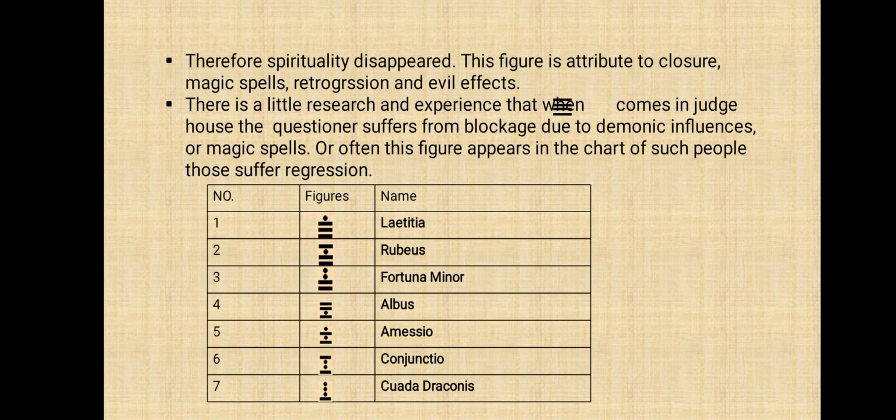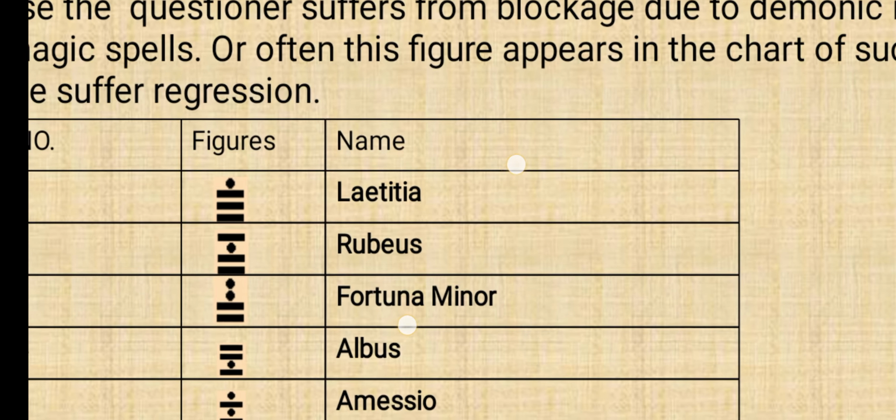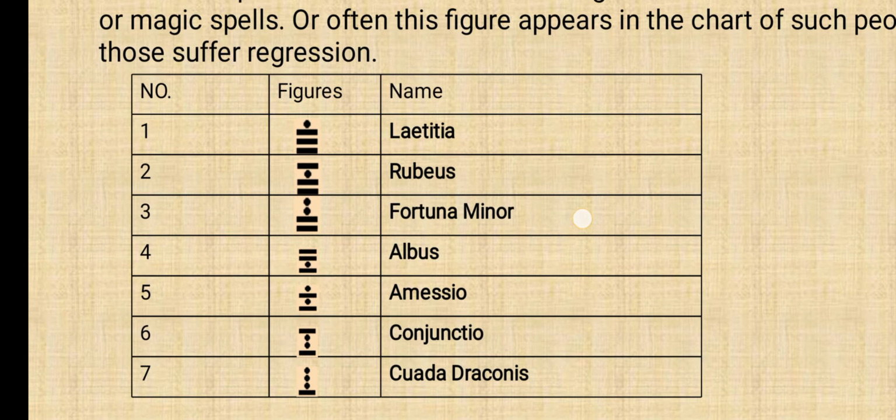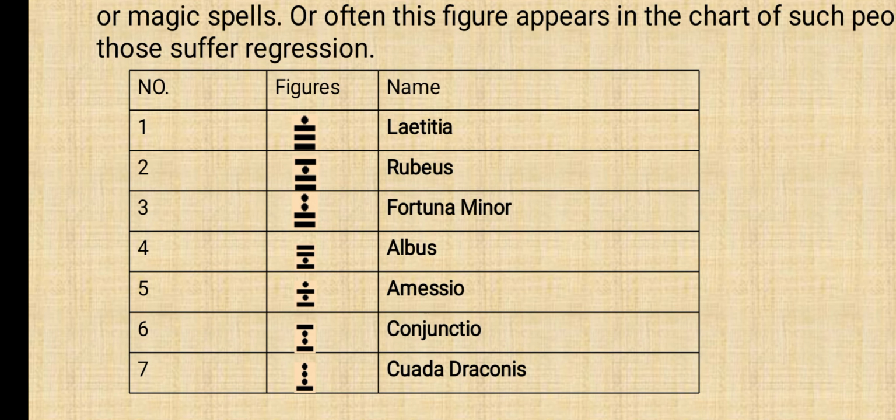So here is a chart Abda, I will call it Abda. So the first figure is Laetitia, or in Arabic it is called Lahyan. Because you will use it in your future life, so you must also learn the equivalent Arabic names for your easiness to read the geomancy books.